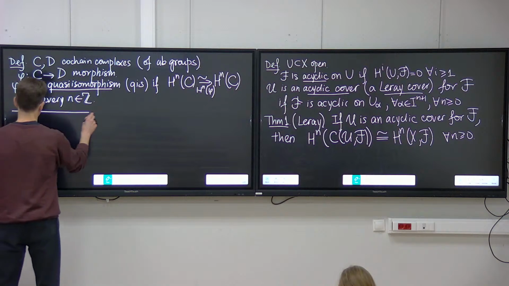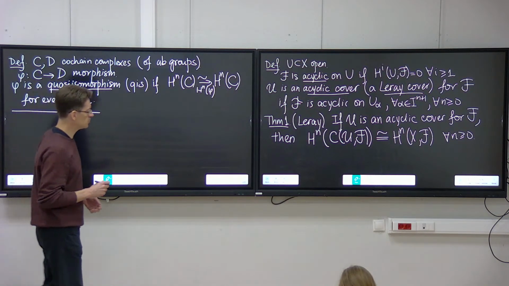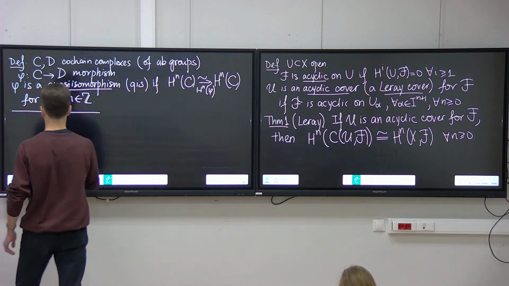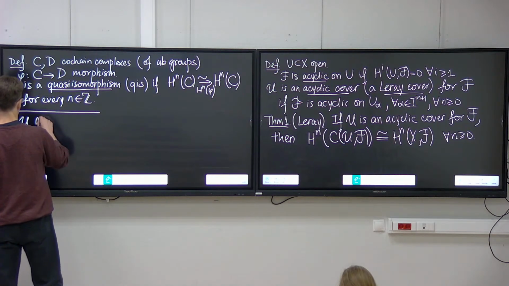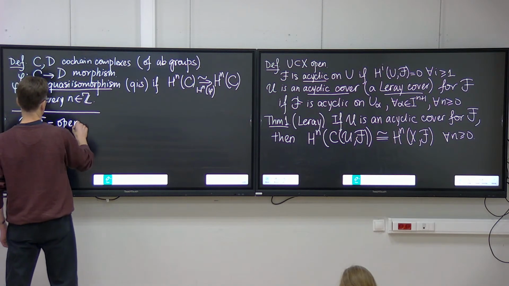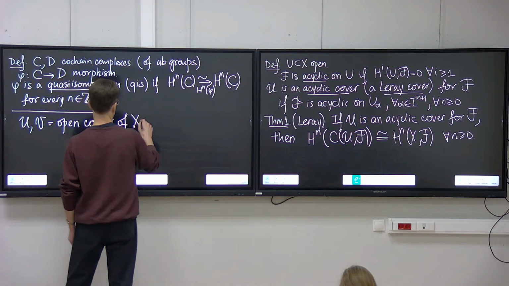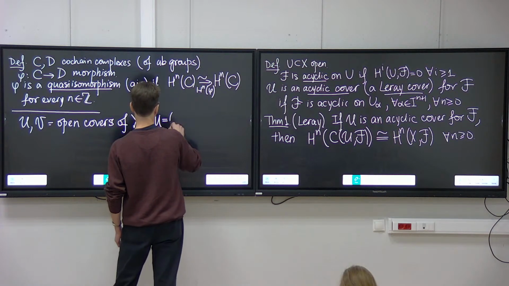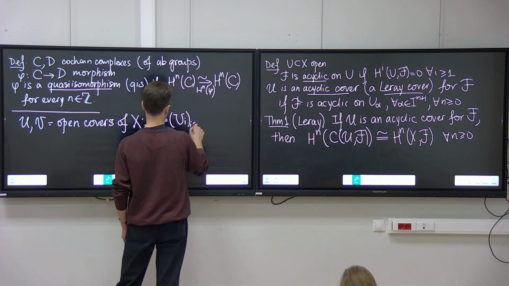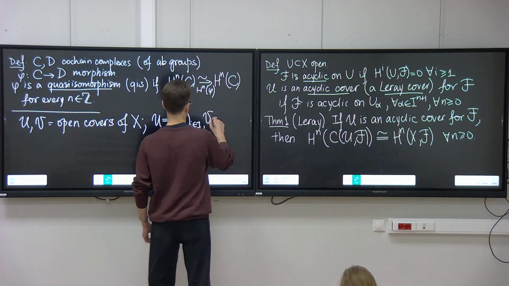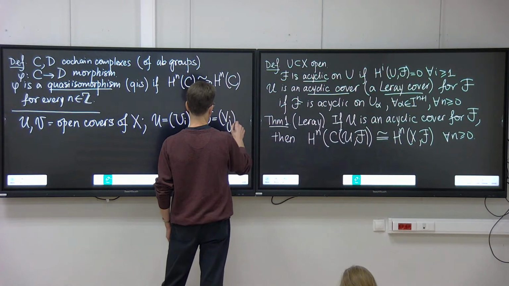Okay, let's now come back to our situation, and suppose that we have two open covers, U and V, of X. So U consists of open sets U_i, and V consists of open sets V_j.